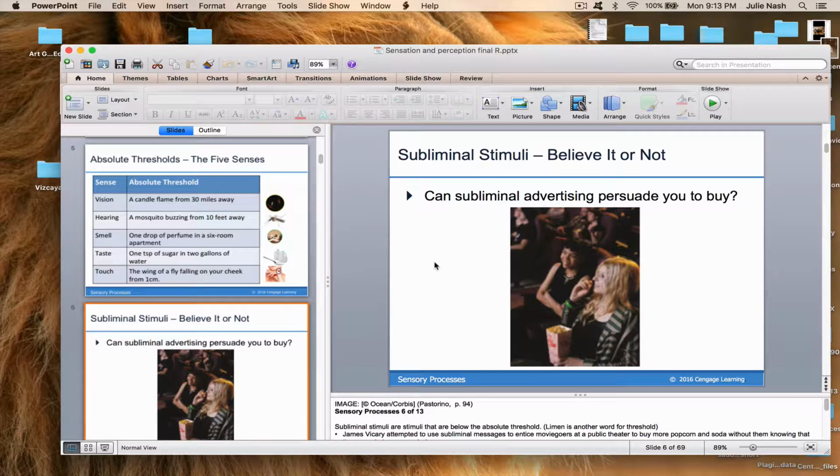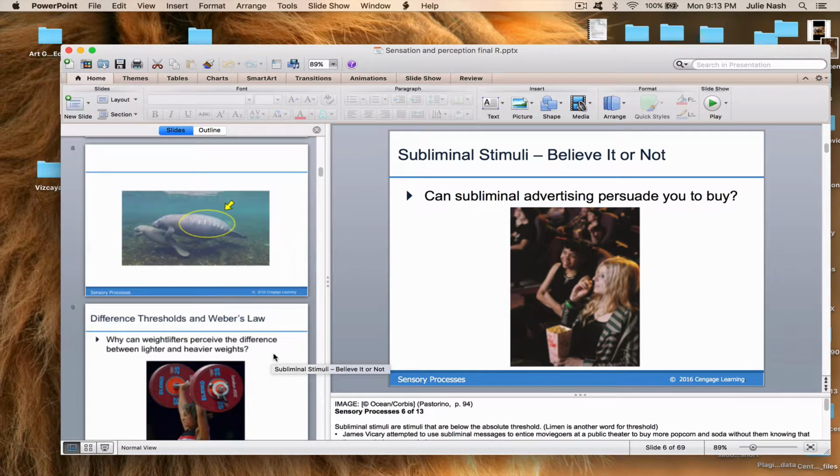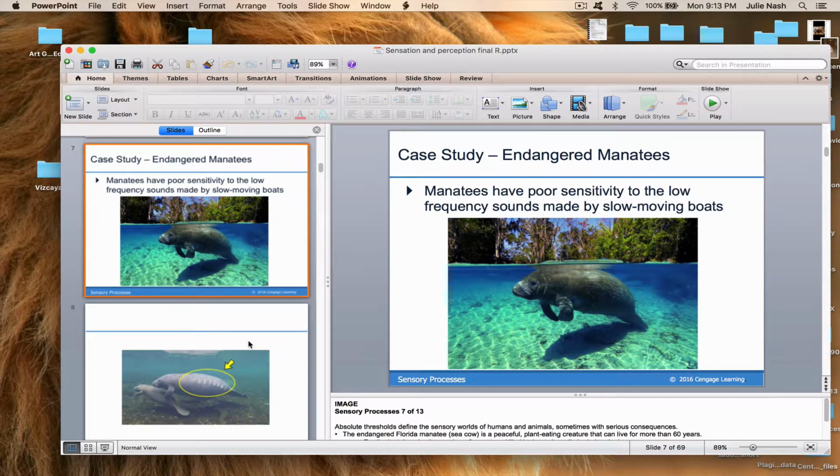It wasn't processed or perceived by the brain, yet it was hitting our receptors at some point. He said when he flashed food up, it caused his sales to go up at the theater. But it turns out that nobody could replicate these experiments, and he finally admitted that he really didn't do the experiment properly.